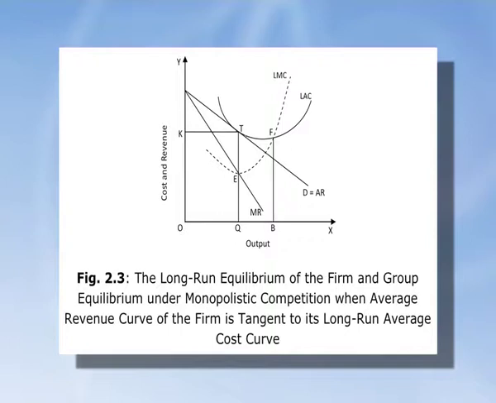The monopoly element involved in monopolistic competition makes the demand or average revenue curve facing an individual firm downward sloping, and a downward sloping average revenue curve can be tangent to the average cost curve only to the left of its minimum point. Thus, price under monopolistic competition will be higher than the competitive price due to the monopoly element.